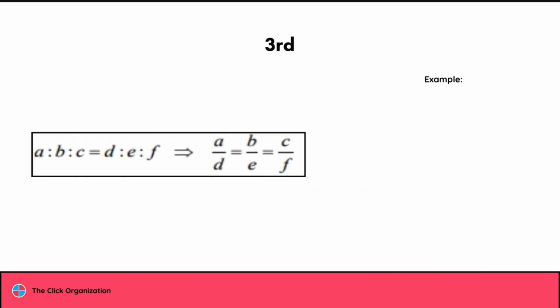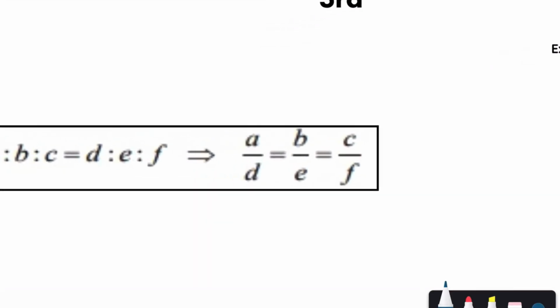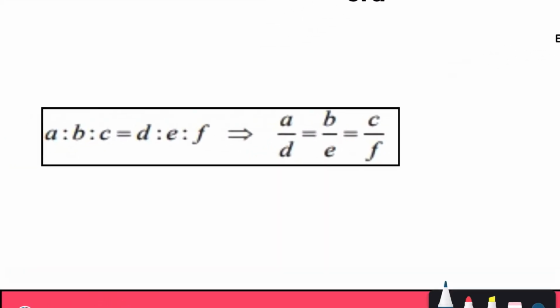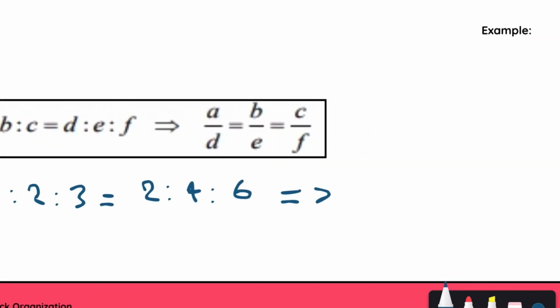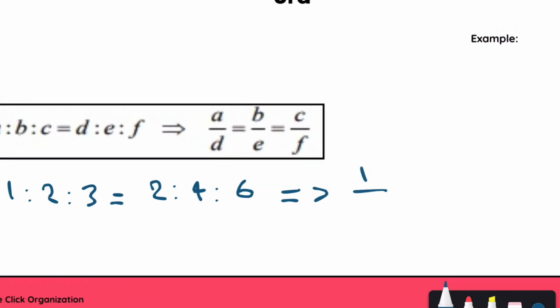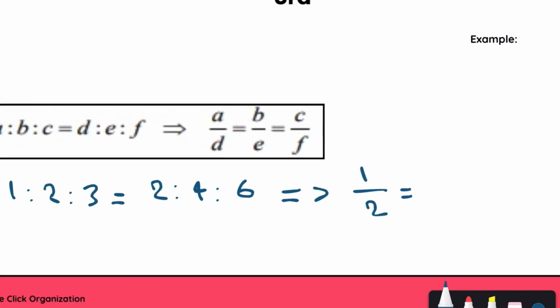The third property, A to B to C equal to D to E to F. This means like this. For example, 1 to 2 to 3 equal to 2 to 4 to 6, right? So this is basically equal to 1 half, right?